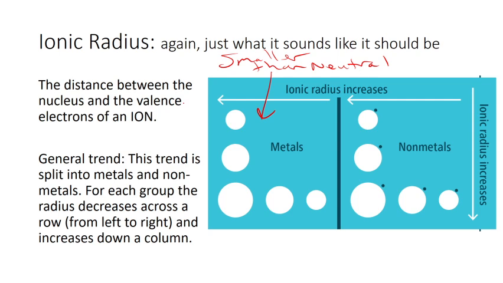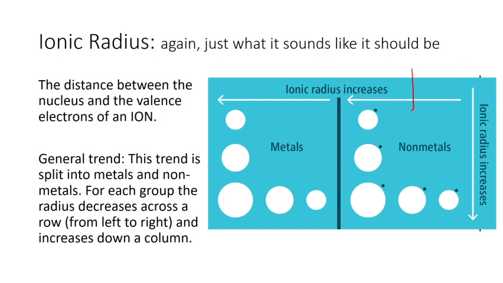Why is this? Because metals, remember, are losing electrons to become positive. So basically, you're losing negative charge, but you still have the same positive charge. That means the nucleus can pull with more force, and so it actually pulls in the remaining electrons closer.